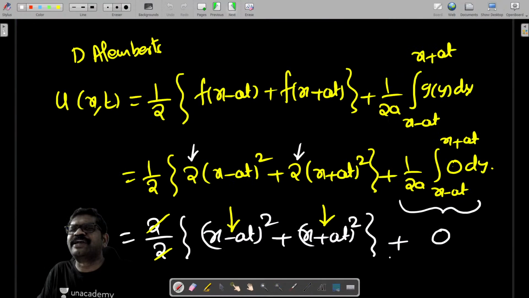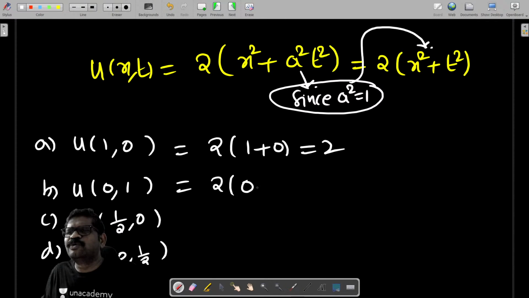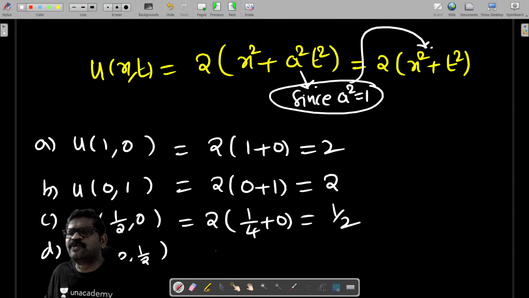Now I am going to find u of 1 comma 0: 2 into 1 square plus 0 square, that is 2. U of 0 comma 1: 2 into 0 square plus 1 square, that is 2. U of 1 by 2 comma 0: 2 of (1 by 2) whole square plus 0, 2 by 4 is 1 by 2.